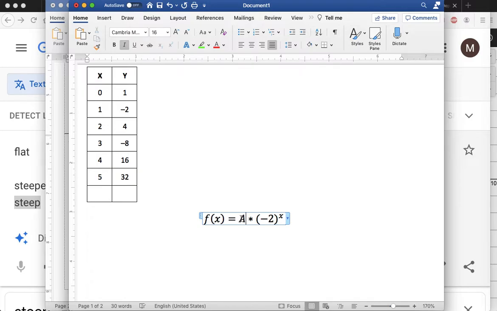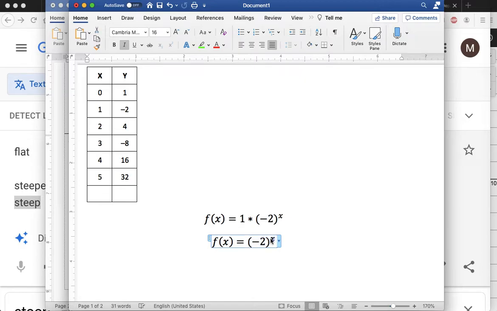And then I changed a to be 1, once again, because multiplying times 1 is an easy number for me to do. So if we try to have b equal a negative number here, okay, well, -2, and I'm going to simplify this. Multiply by 1 doesn't change anything, so let's just have -2 to the x.